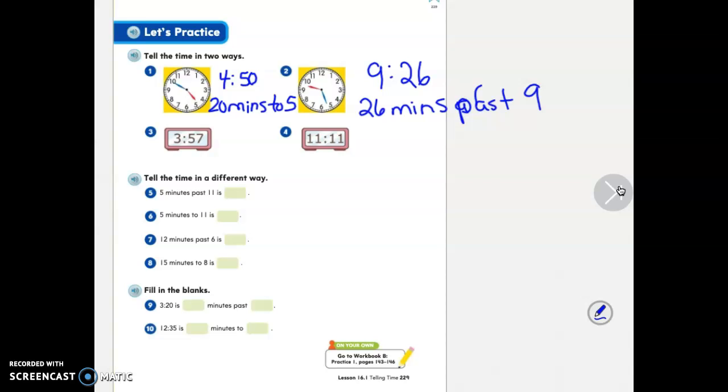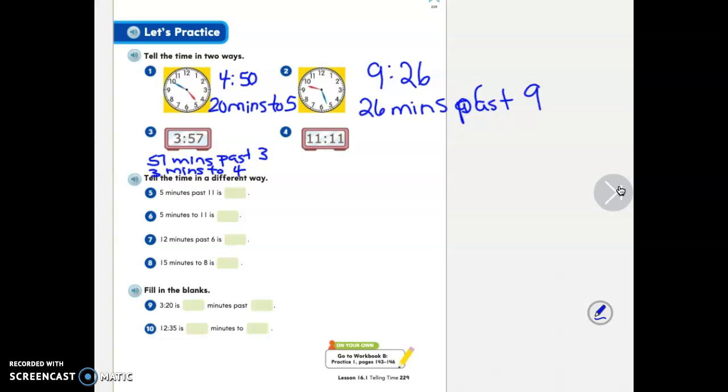Okay, for question 3, I'm going to say that it is 57 minutes past 3, or I can say it is 3 minutes to 4 on those digital clocks.